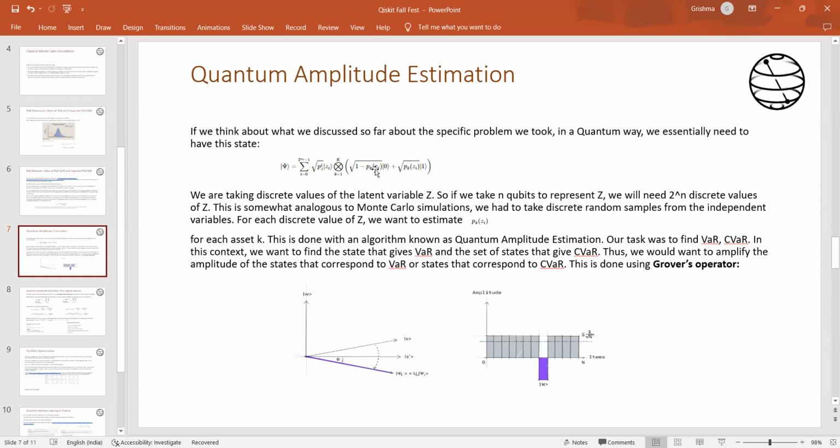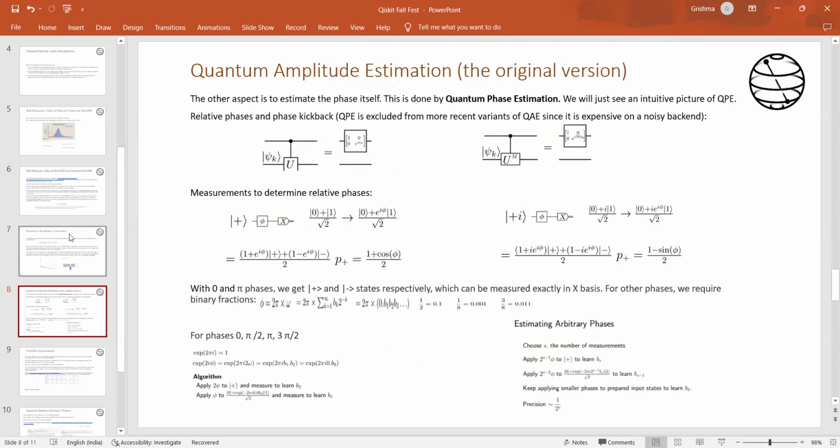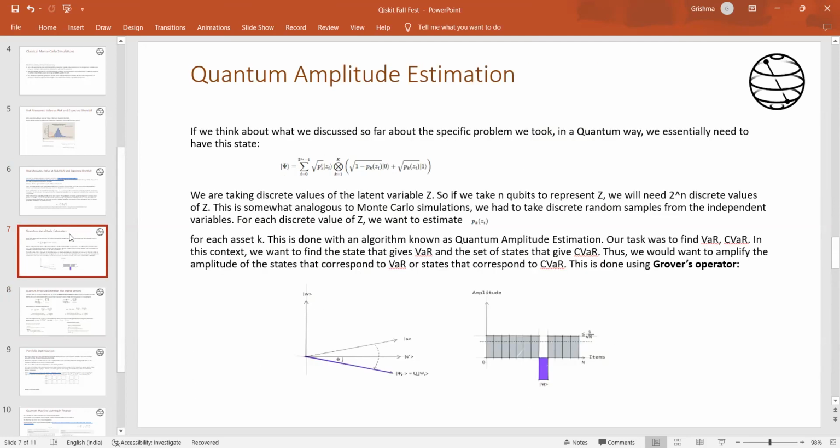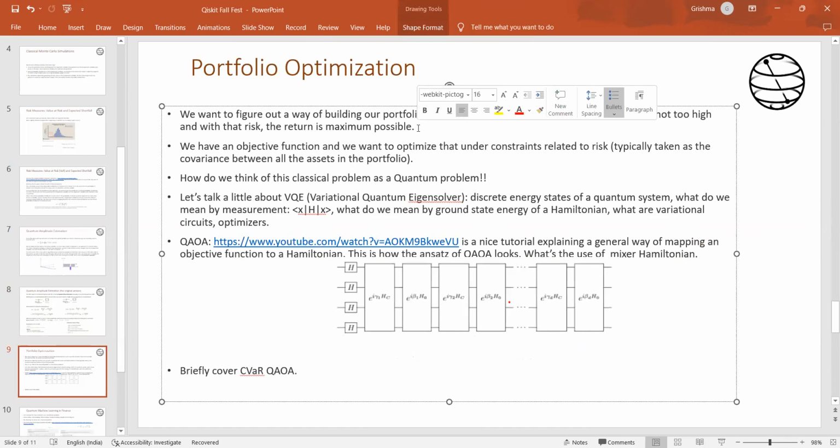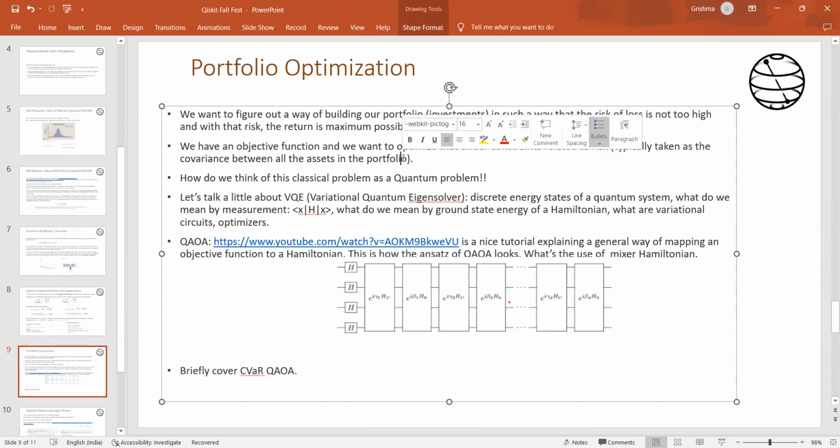We are not only interested in the state which gives us the worst case default, we are also interested in estimating the probability of default. That's where phase estimation comes into the picture, because you want to estimate the amplitude of that particular state.